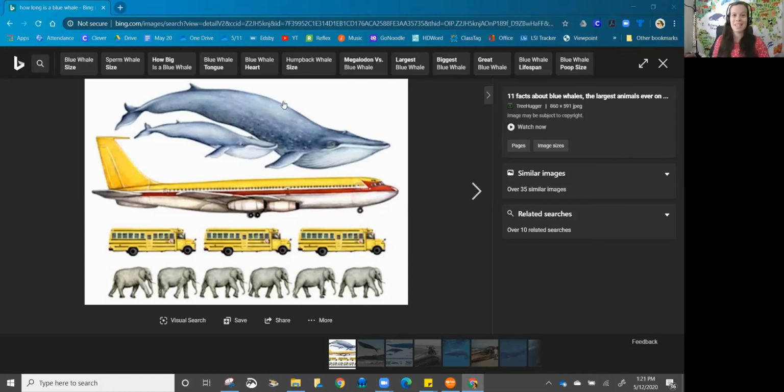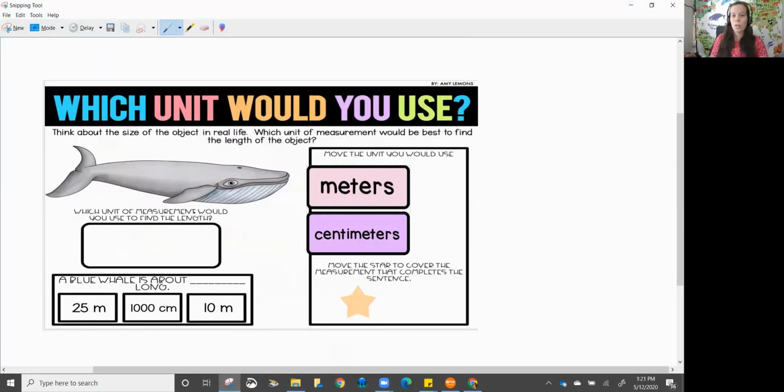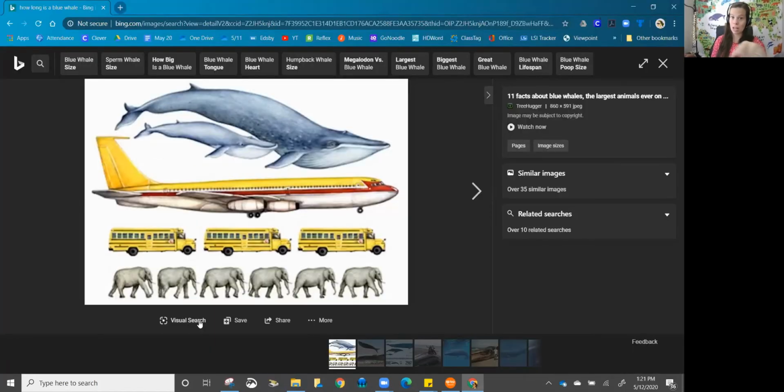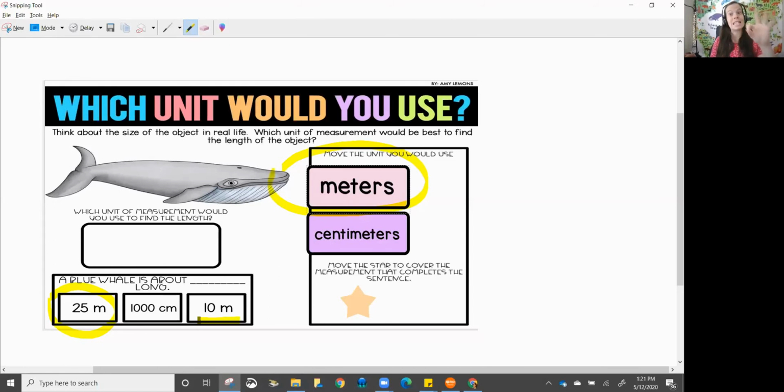So the whale is probably around 30 meters long. That's insane. So I would definitely be choosing meters for this unit. And 25 meters sounds about right, because 10 meters is not enough. 20, 25 is definitely it. Woo, that's a big whale.